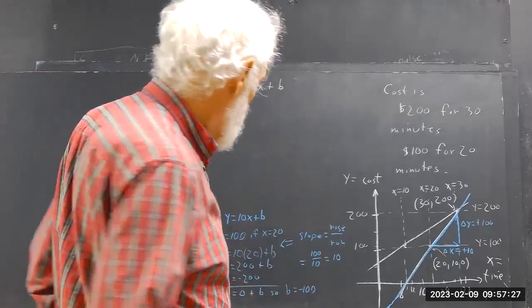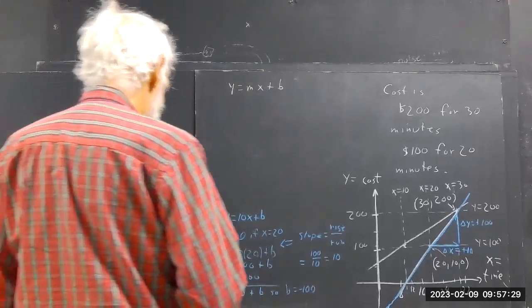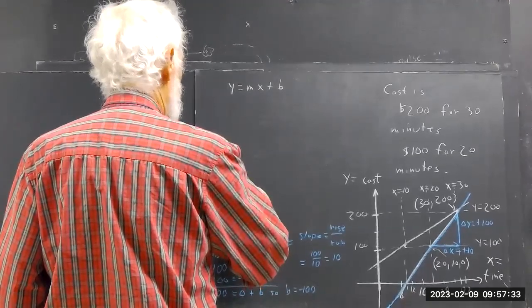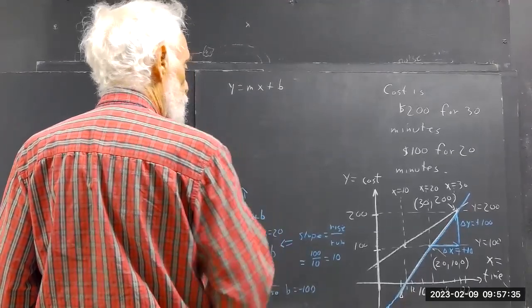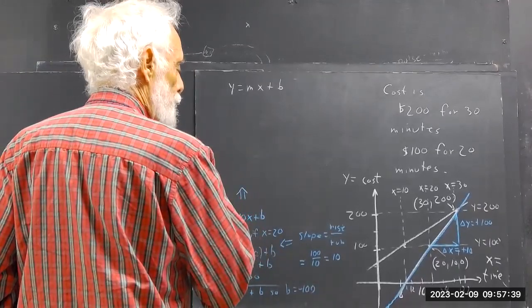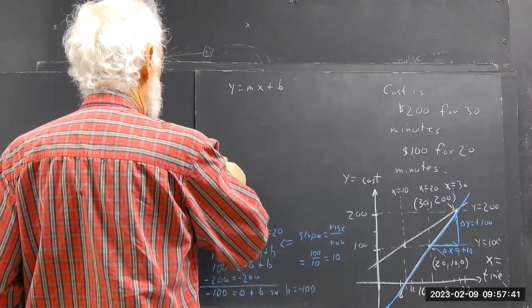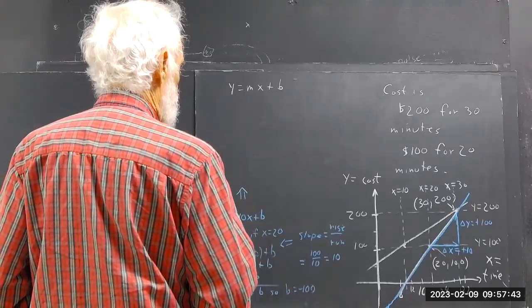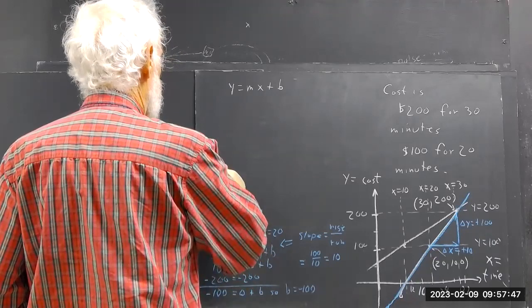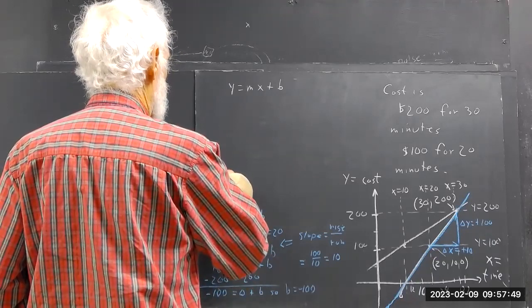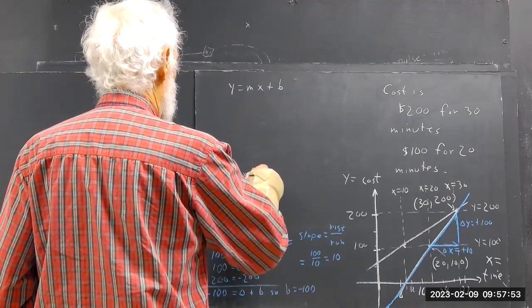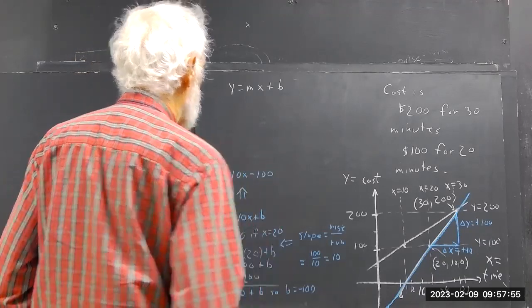Okay, so now we go from here to here, and then we go up. Our equation is then y equals 10x minus 100.